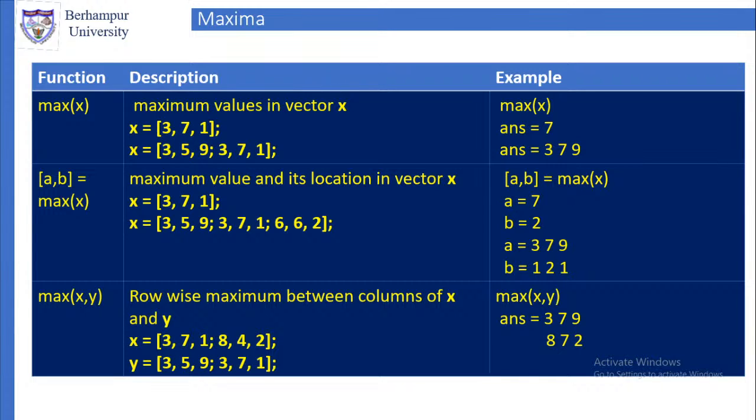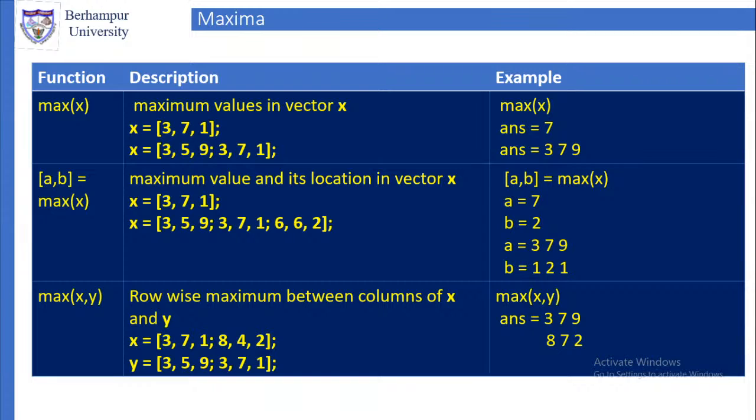Now if we compare these two, what will be the result? For the first one it is 3 and 3, so 3. For the second one you can see 7 and 5, so it will be 7. For the third one it is 1 and 9, so it will be 9. So the first row is 3, 7, 9.